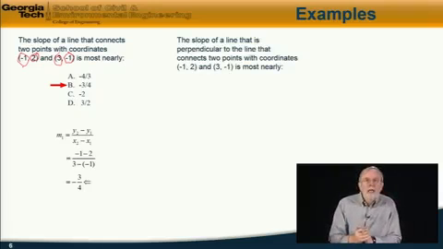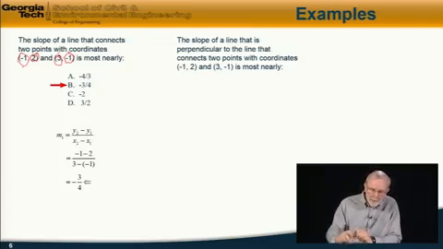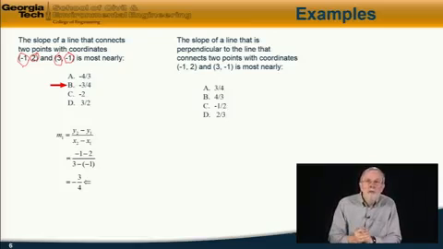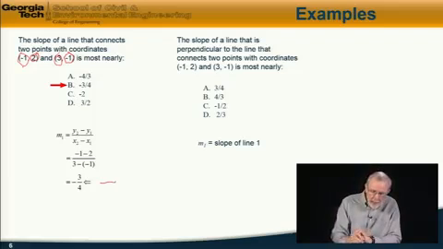The second problem relating to the same 2 points is that we now want to compute the slope of the line which is perpendicular to the line which is connecting those 2 points. Which of these alternatives is it? So in this case, we already know the slope of line 1. We've already calculated it here.